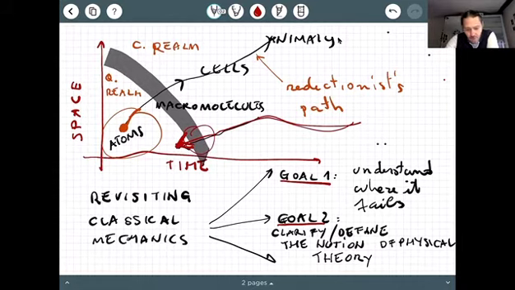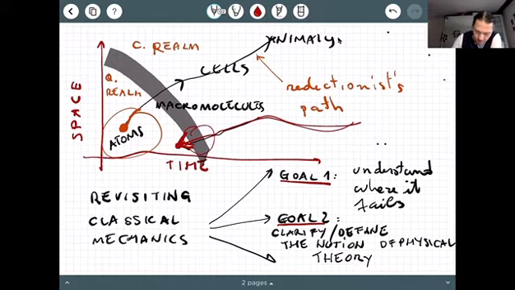The third goal of revisiting classical mechanics, let me go, okay, this is goal number 2, I erase to make space.